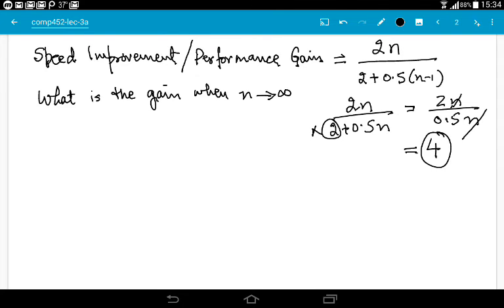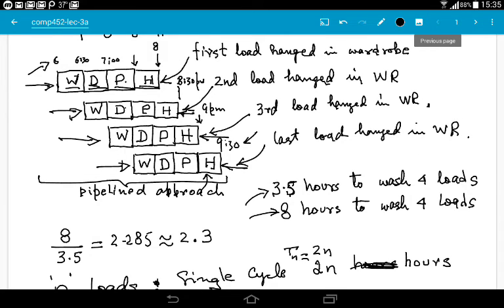Now it is very important to note that pipeline does not improve or reduce the time to wash a single load. We saw that whether it's a pipelined approach or a non-pipelined approach, washing one load will always take 2 hours.